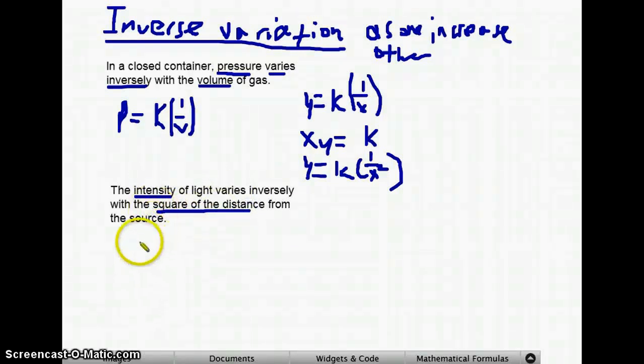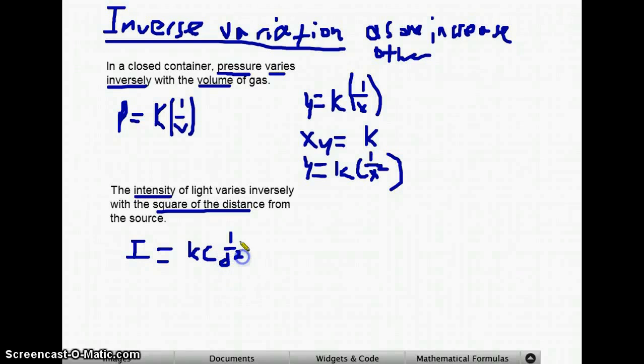So we're going to translate this, and it's going to be I equals k (1 over D squared). Now we put it squared because it says the square of the distance. This one over here just said the volume of the gas. Since this is the square of the distance, we have to put it squared under here.